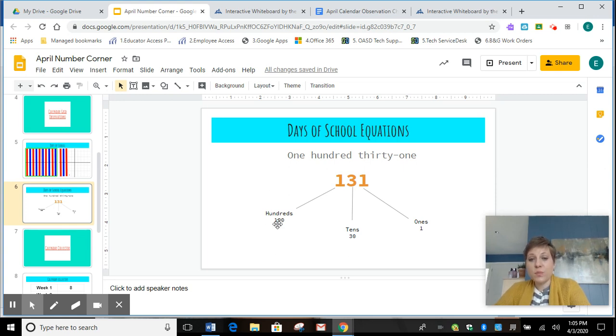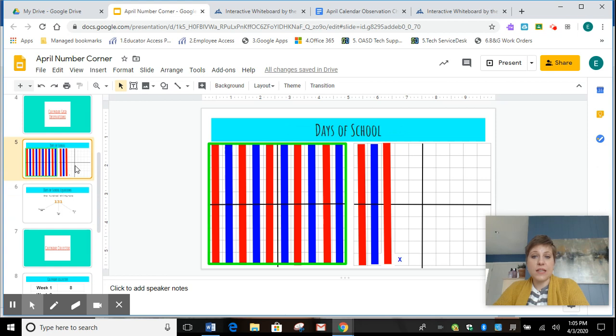We had our group of 100, we had our 3 groups of 10 or 30, but we didn't have any remaining or any extra. Now that it is 131, we're seeing 1 more piece. And I notice that when I look at this days of school chart, I see that big group of 100 outlined in green. I see those 3 extra groups of 10, and I see 1 X sitting on its own.